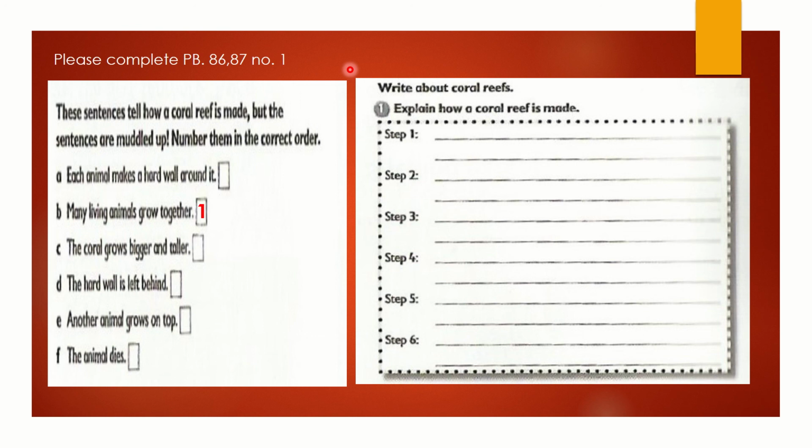Number 1, many living animals grow together. Then, each animal makes a hard wall around it. Can you think of what happens next? The animal dies.